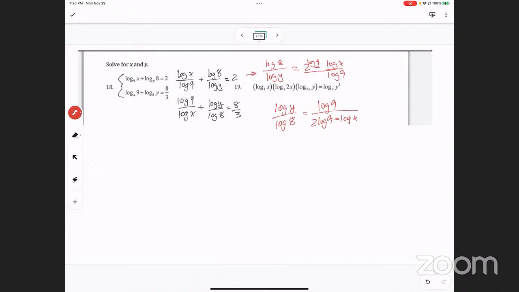Oof, I don't like that. But see, now I can substitute this into here. And is it going to be a complicated thing to solve now for log of x?